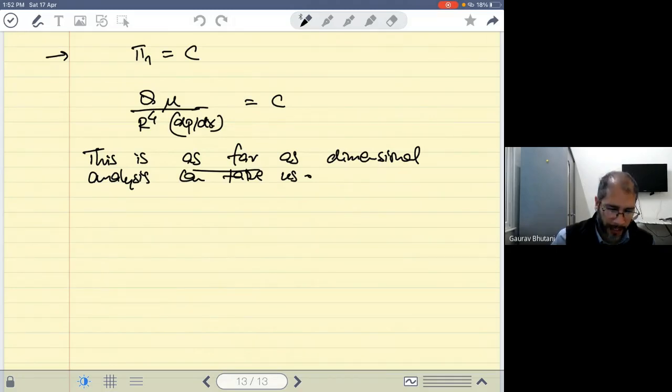And in fact, we will show in the later part of the course that this C is equal to minus pi by 8.